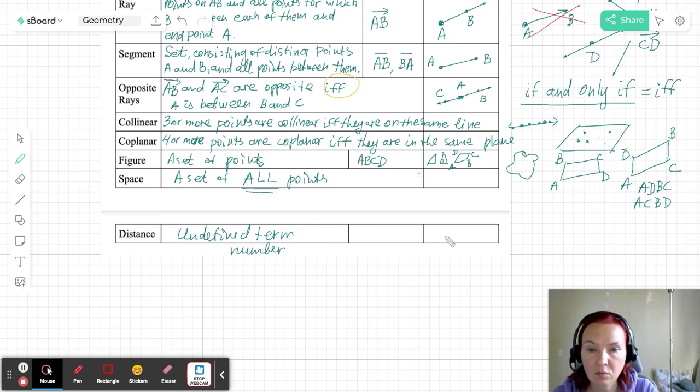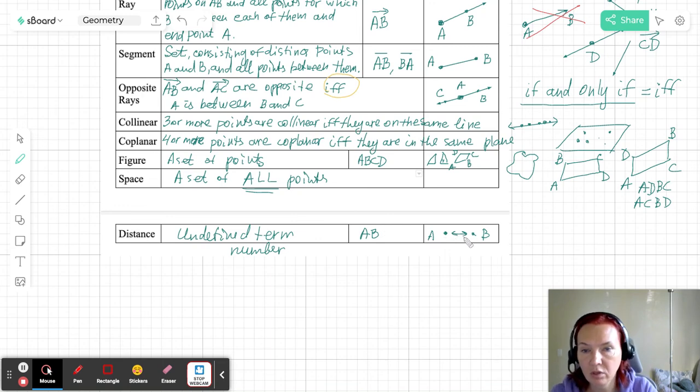And the distance between 2 points, so if you have a point A and point B, the distance between them, this is not really a notation. There is not a good notation for it, but in symbolic notation it's going to be AB, nothing on top, not the arrow, not the line, nothing. So it's a number, and that's why it doesn't have anything on top.